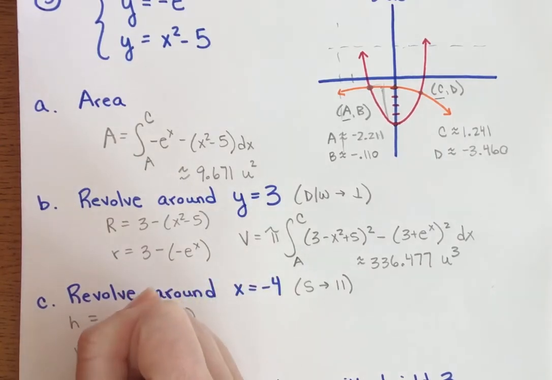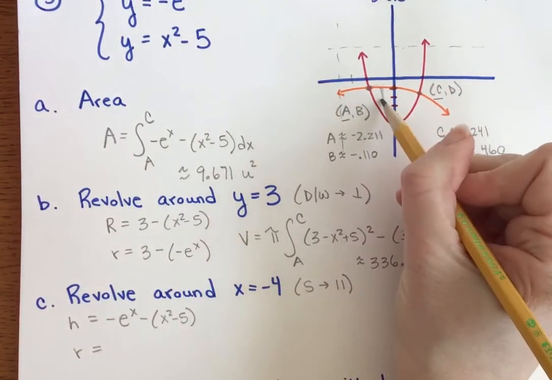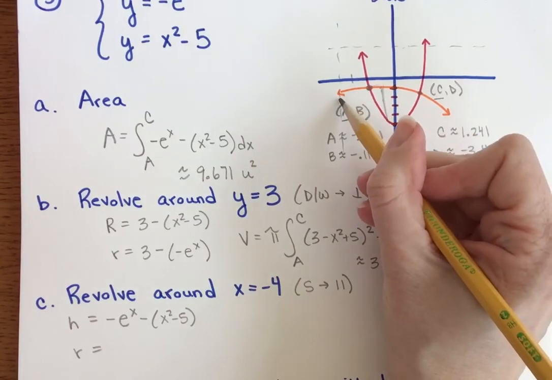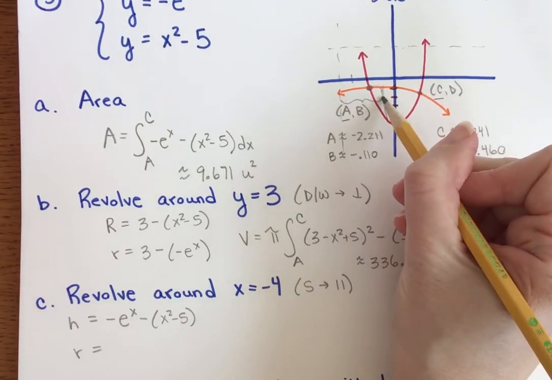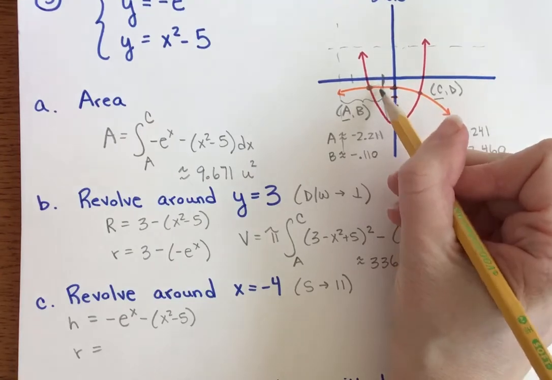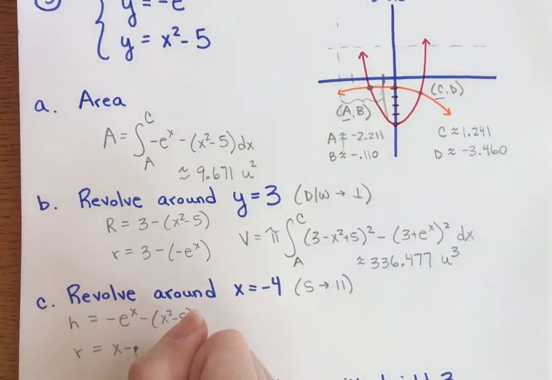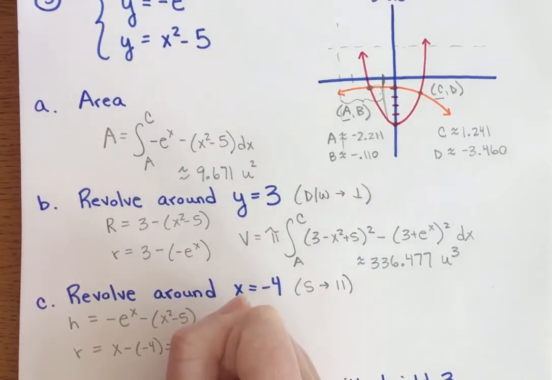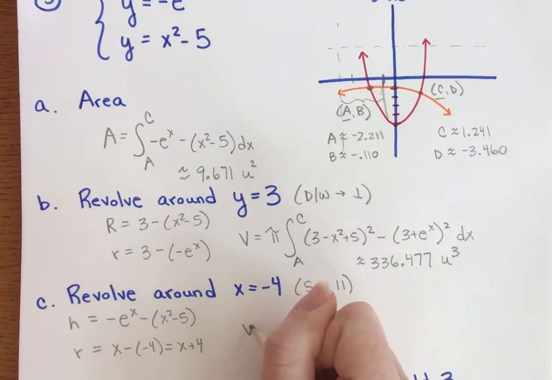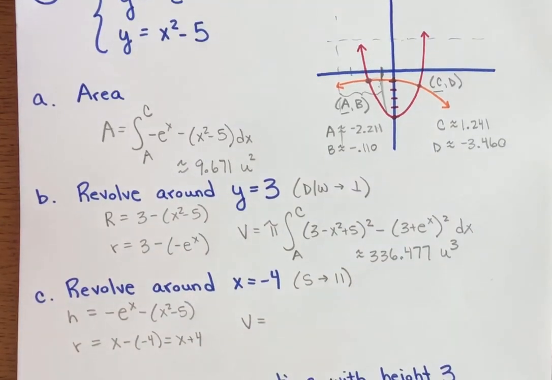Your radius: how far is my slice to my axis of revolution? I have an x measurement on the right minus my axis, -4 on the left, which simplifies to x plus 4. When you're finding volume with shell parallel, you're accumulating circumference.